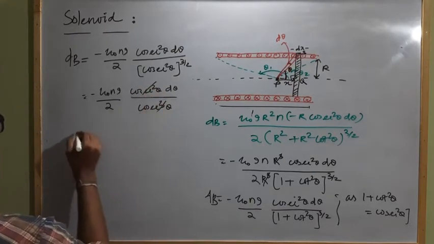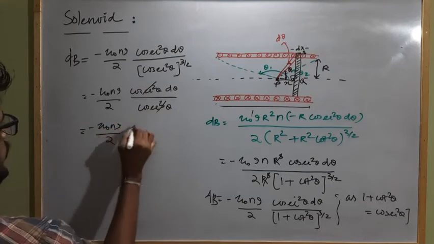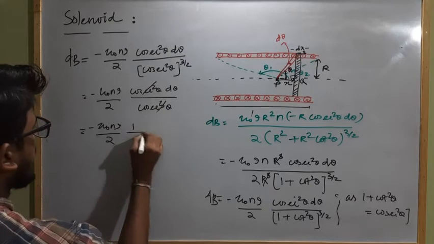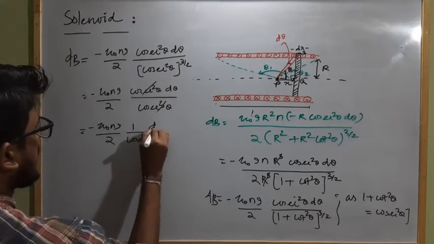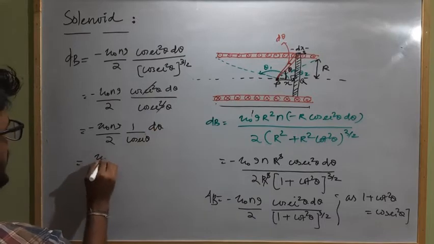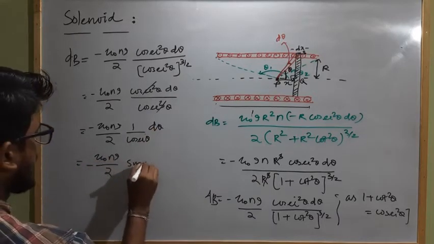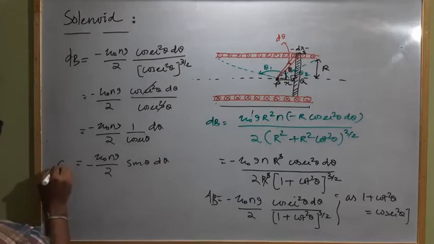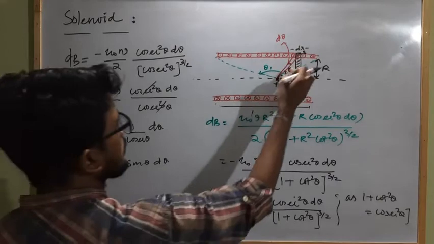Square and cube cancel, so this will be minus mu naught ni by 2 into 1 by cosec theta d theta. This will become mu naught ni by 2, minus 1 by cosec theta, which is sin theta d theta, which is dB. This is the net magnetic field at this point due to this strip.